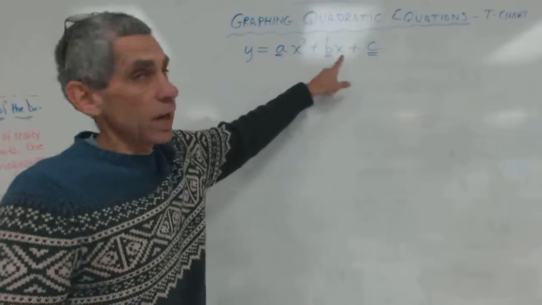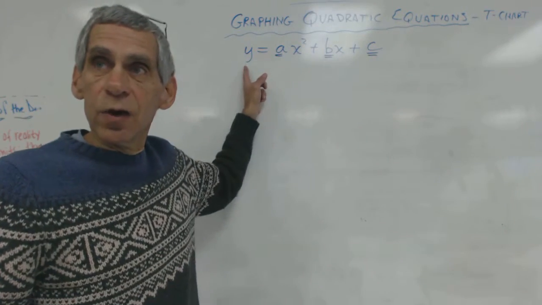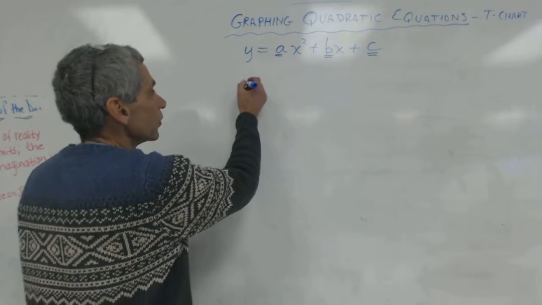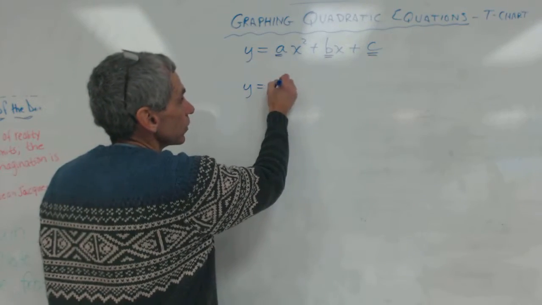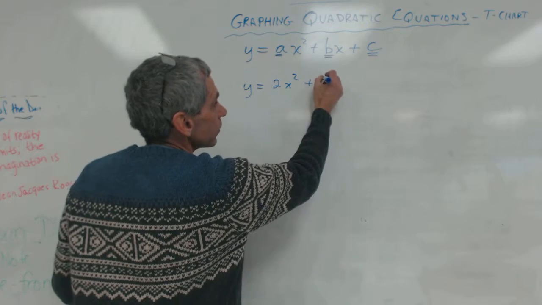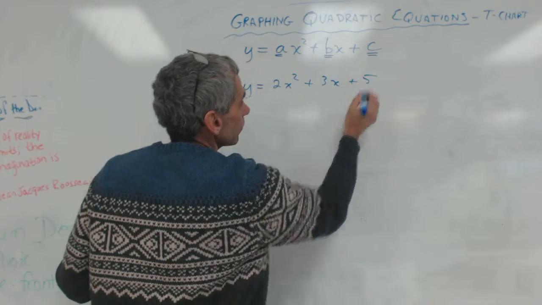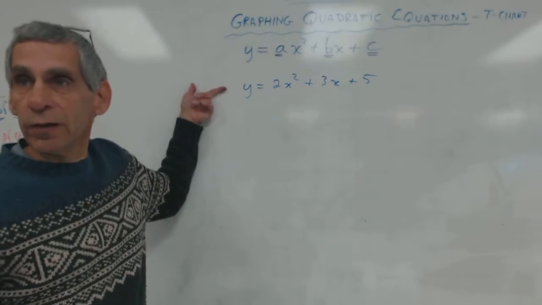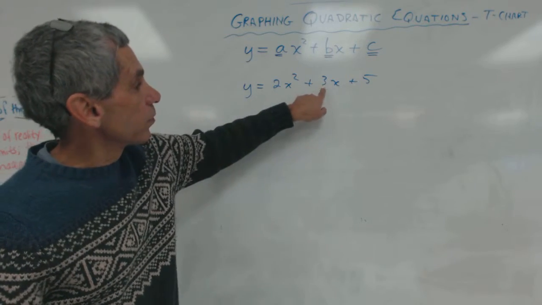The x squared and the x stay as x's and the y stays as a y in your equation. For example, you might see y is equal to 2x squared plus 3x plus 5. That would be an example of a quadratic equation where there's a number there, a number there, and a number there.